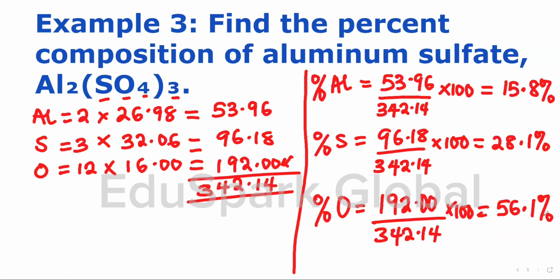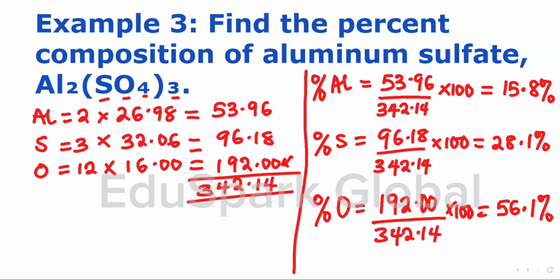So now, sometimes the question will not be a bit straightforward. They could ask you which element has the highest percent in aluminum sulfate. Okay, that's an indirect way of saying to calculate the percent composition, because you have to finish calculating to figure out which one will have the highest percent in most cases.